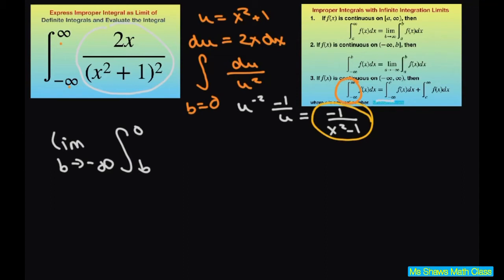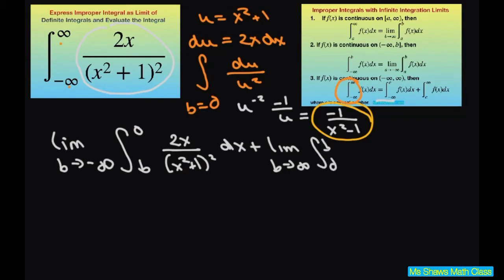That's this part of our f of x, which is 2x divided by x squared plus 1 squared dx, plus the limit as b approaches infinity, and this is from 0 to b of our f of x, which is 2x divided by x squared plus 1 squared. My 2's don't show up very well. All right. So that's the first part that we had to do.